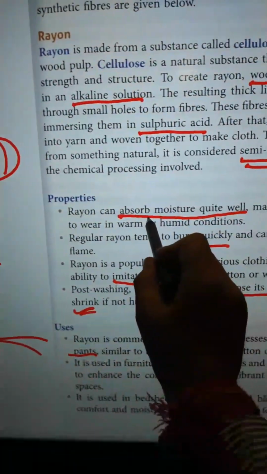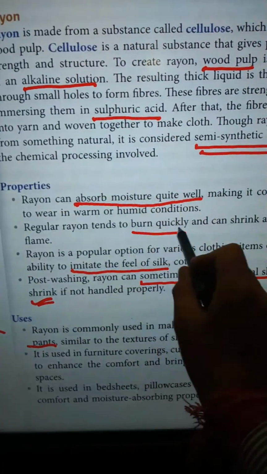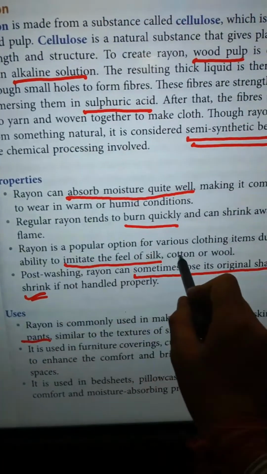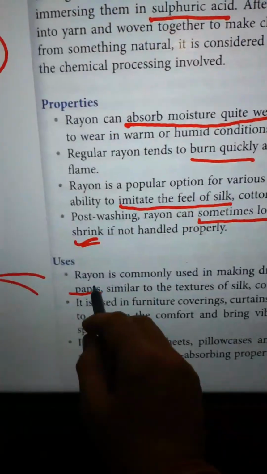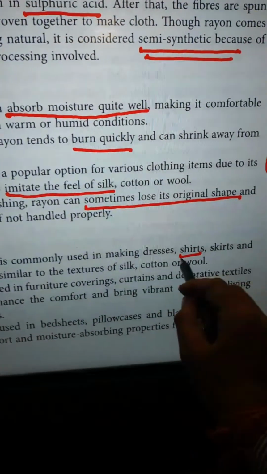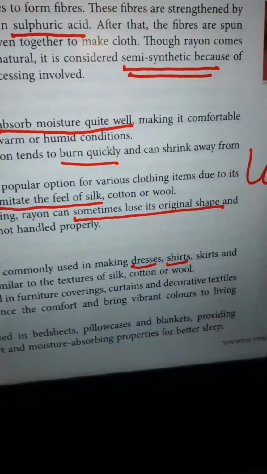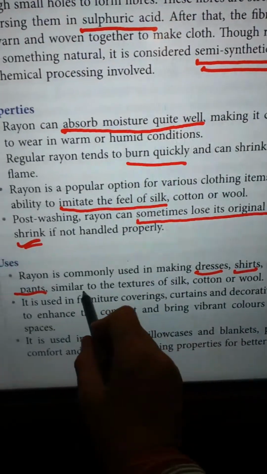So as I have told you, you don't have to remember everything. Just remember: it absorbs moisture, it burns quickly, it imitates the feel of silk, looks like silk, and loses shape. What is the use? Rayon is used in making dresses similar to silk.